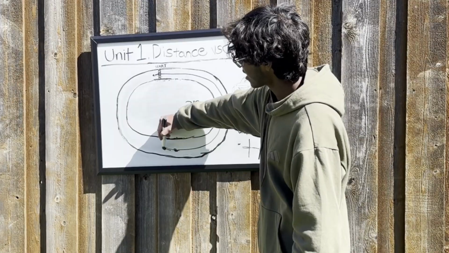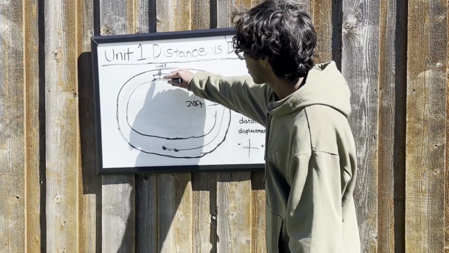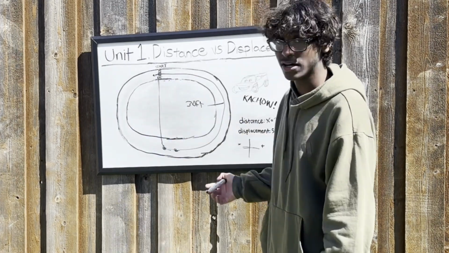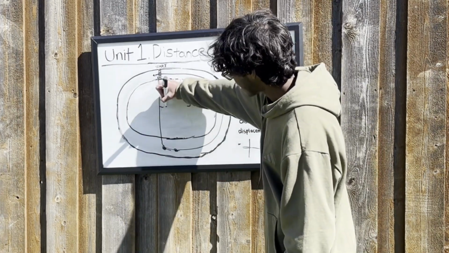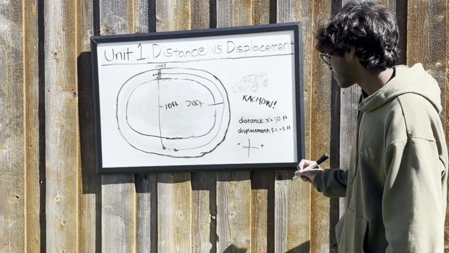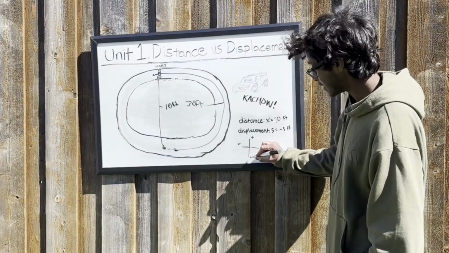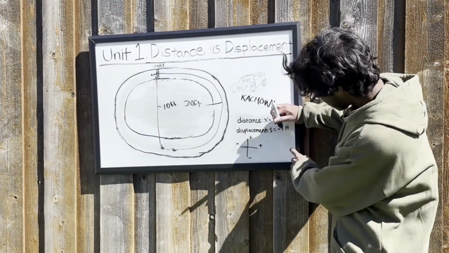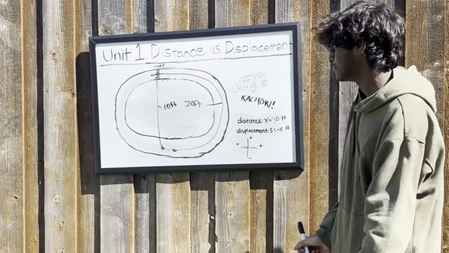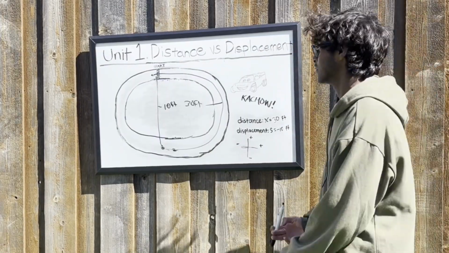This is where he stopped. So he went down from the origin point, even though he stopped at the same place horizontally. He went down 10 feet. And we represent up as positive and down as negative. So his displacement is negative 10 feet. Crazy.